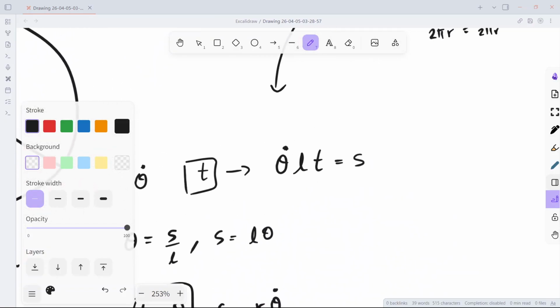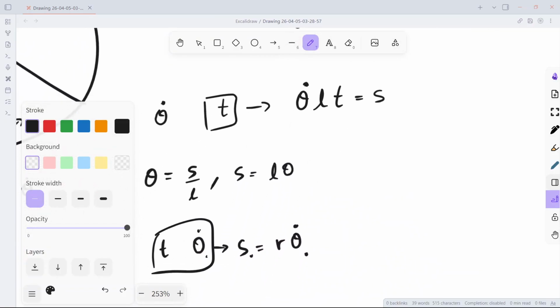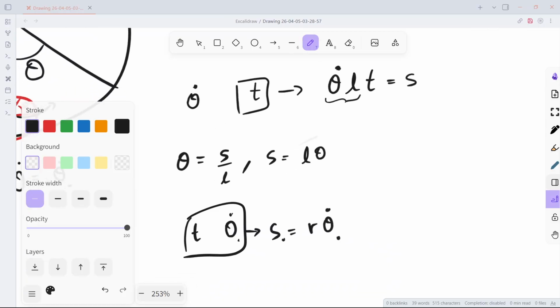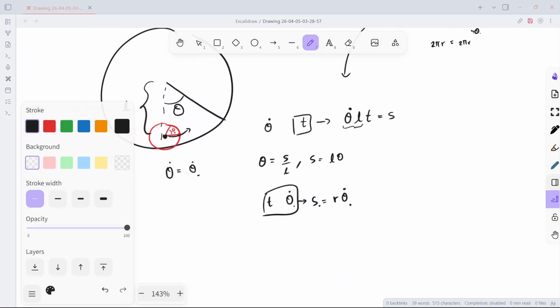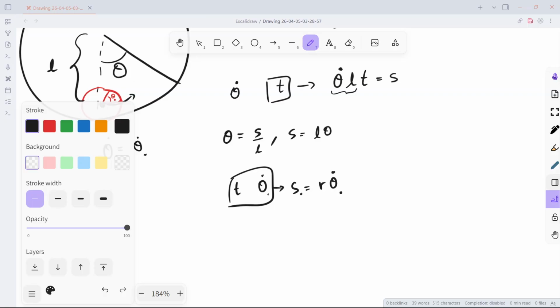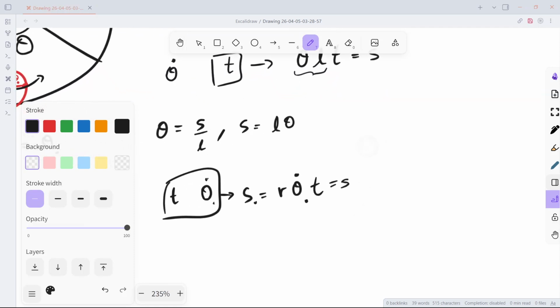Where does this length thing come from? Oh yeah, velocity there. Theta dot t. That's okay.